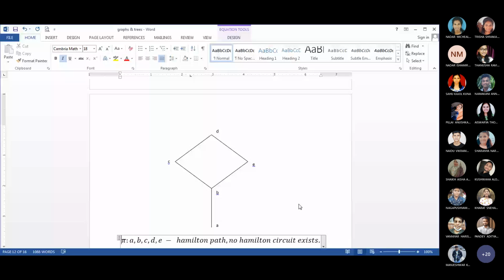In this graph, Hamilton circuit does not exist because I cannot start with a vertex and end with the same vertex by considering every vertex exactly once.